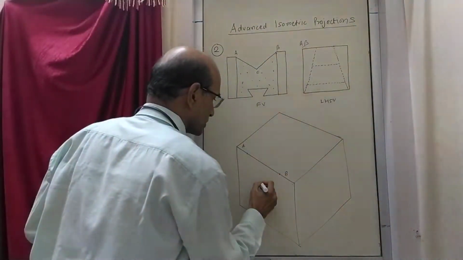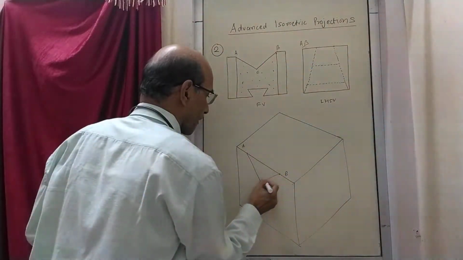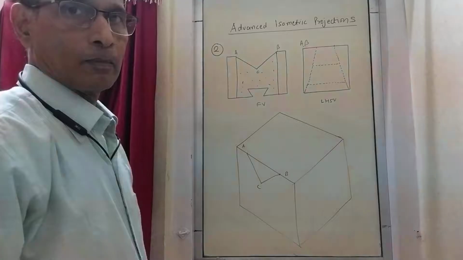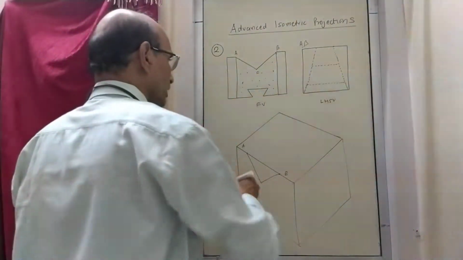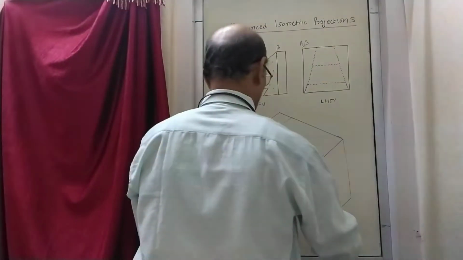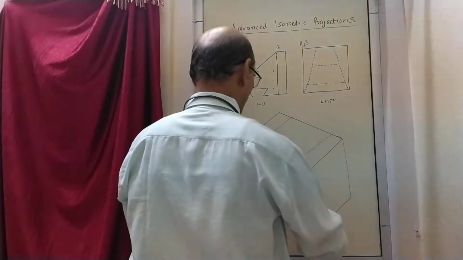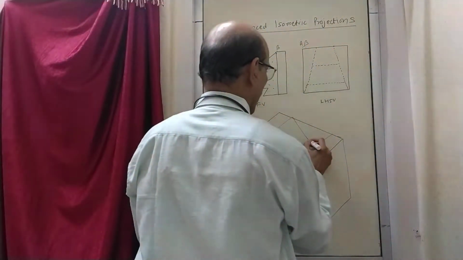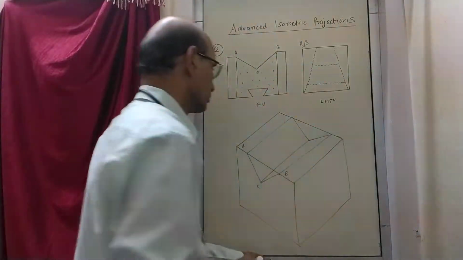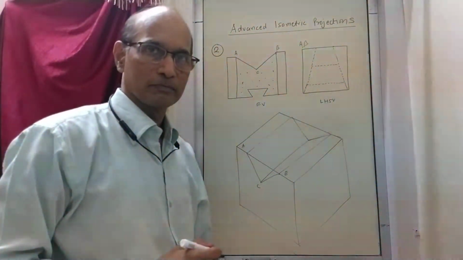So C will come maybe somewhere here, and then we try to join this. Maybe the same thing on the other side, and then this will be here. So something like this. Okay, we can do up to this much.